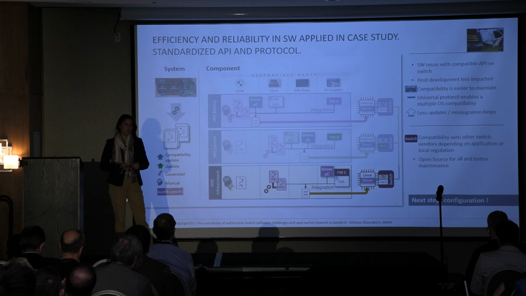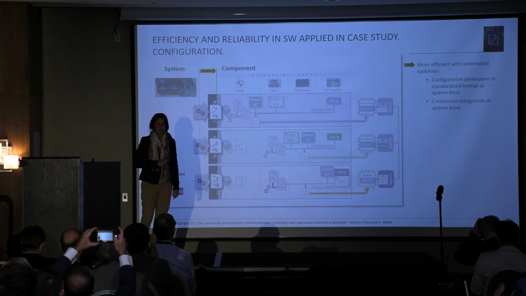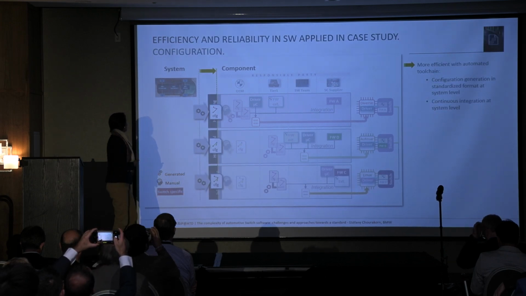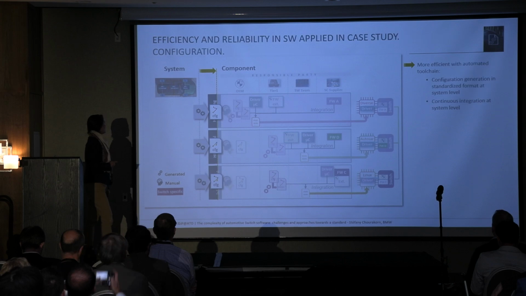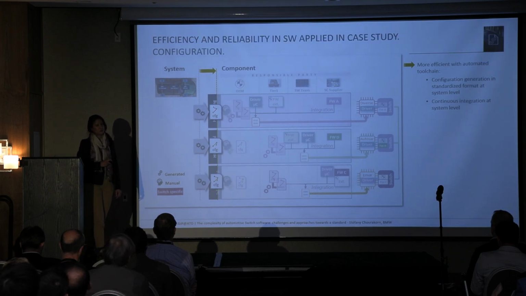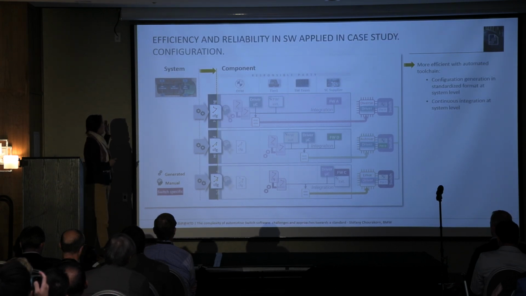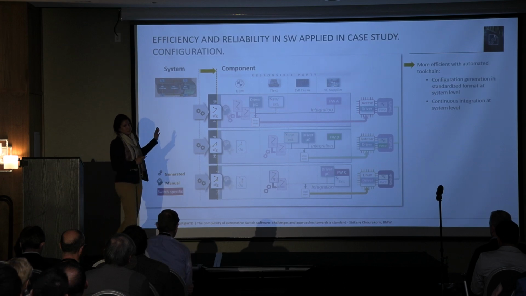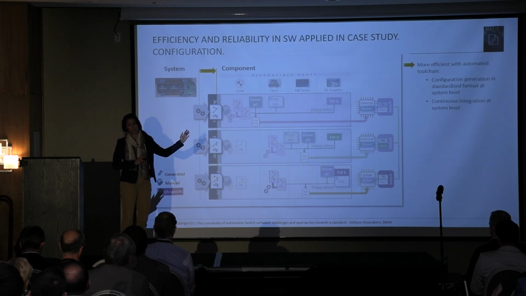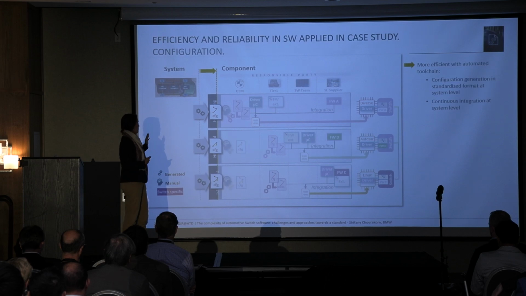If we have a look now at the configuration, and that's actually one of the biggest improvements that we could see, for the system we will be able to generate the configuration already in the appropriate format for each component.